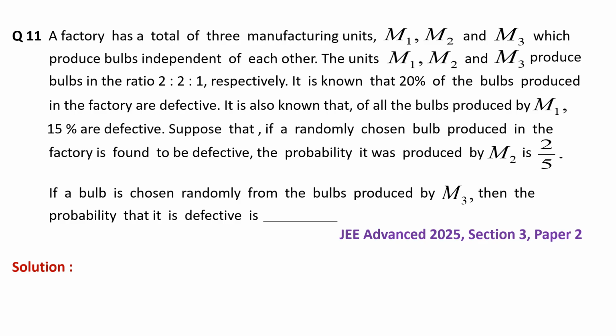Now first of all, let's define all the events. The first event which I am defining is M1, which says a bulb is produced by manufacturing unit M1.